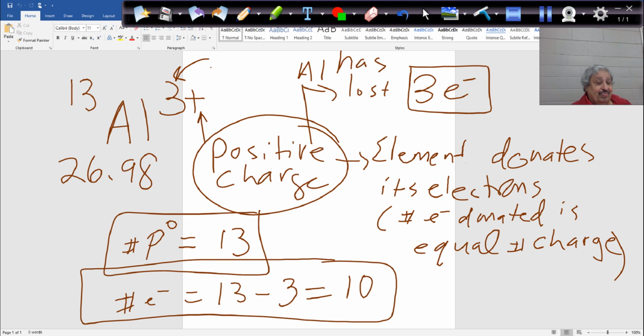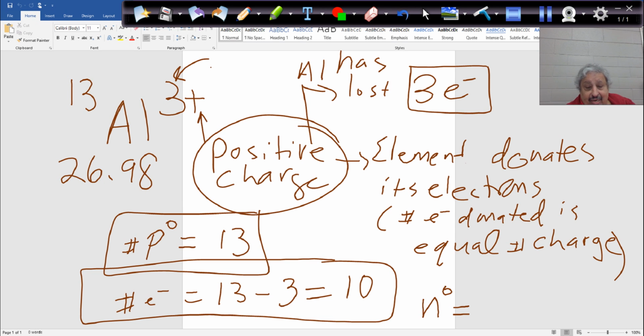Perfect. Makes sense? When it comes to the neutrons, they tell you, I don't care. I'm inside the nucleus. I have nothing to do with the chemical reaction outside, donating and accepting, or losing or gaining those electrons.